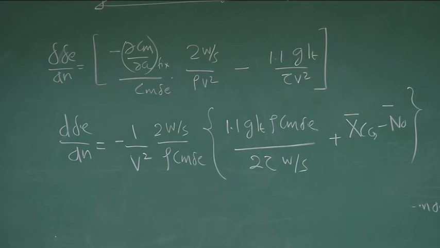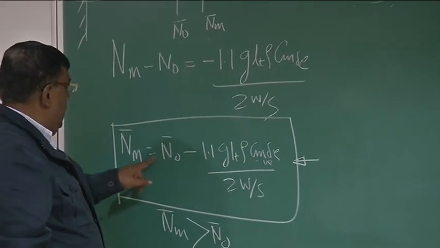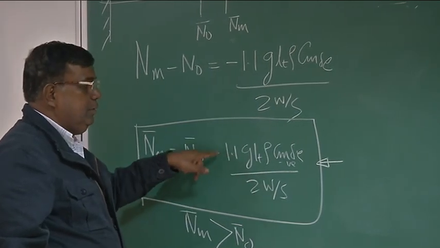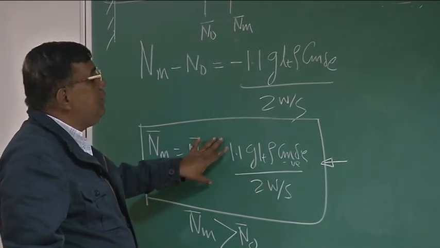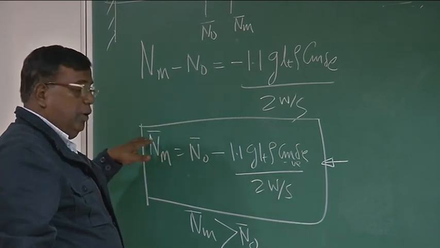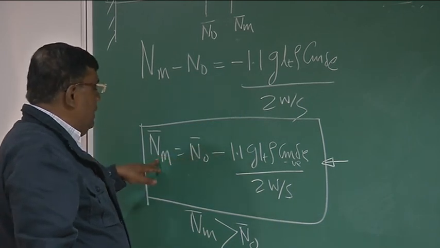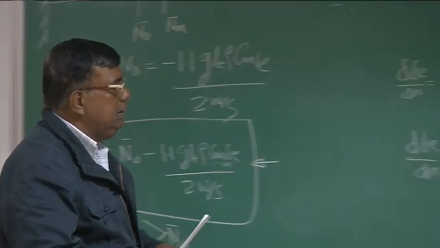Now what I will do, we know from this expression n naught equal to nm plus this term. Where from did we get this expression? By putting d delta E by dn equal to 0. So this was the maneuvering point. So now there is n naught lying there, so I will replace n naught by nm plus 1.1 g.